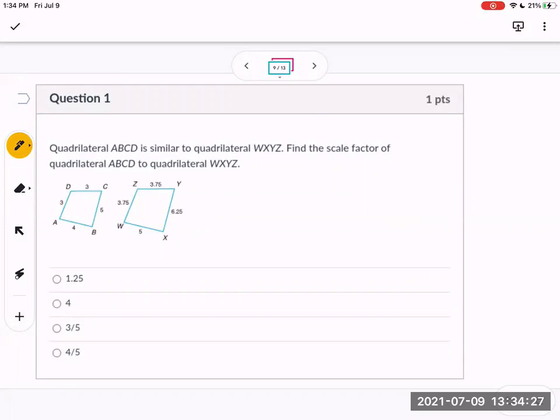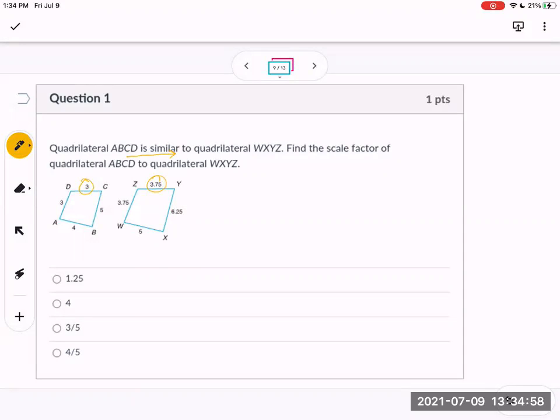All right, so quadrilateral ABCD is similar to quadrilateral WXYZ. Find the scale factor. Okay, so this is basically just going to be this and this. So it's A, B, C, D to that.